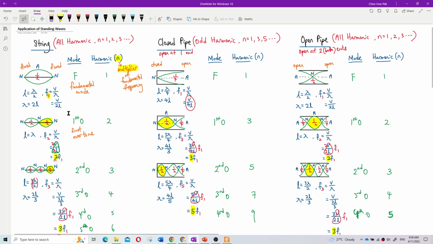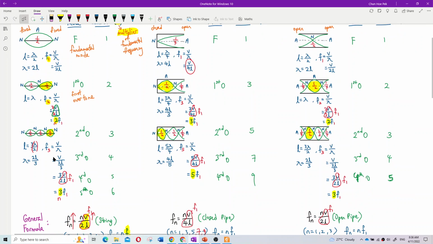So the second one, why do I put as F2? Because 2 is the harmonic number again. Why do I put this as F3? Because 3 is the harmonic number. And then for fourth harmonic is F4, F5, F6.